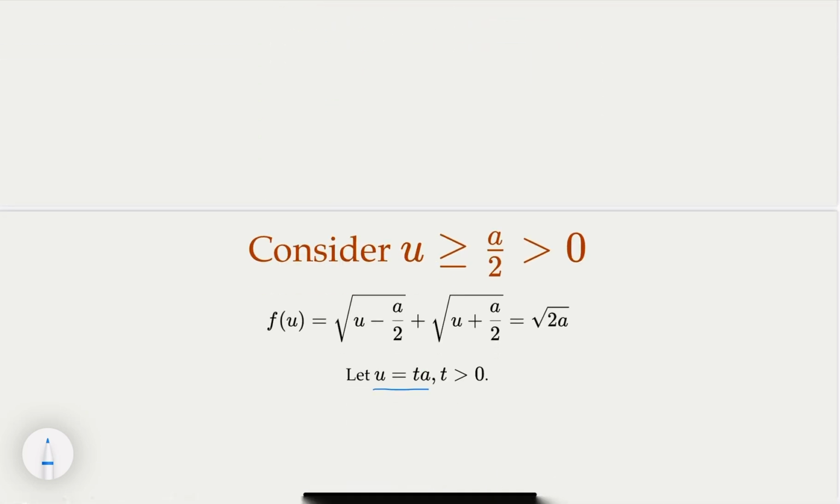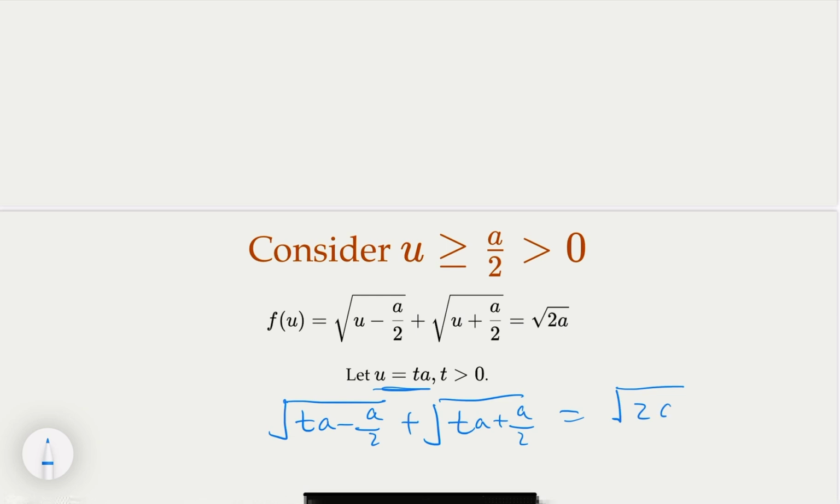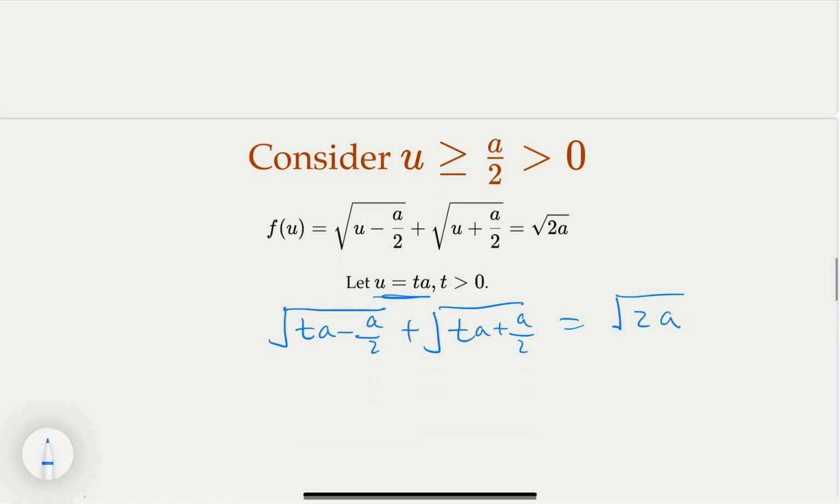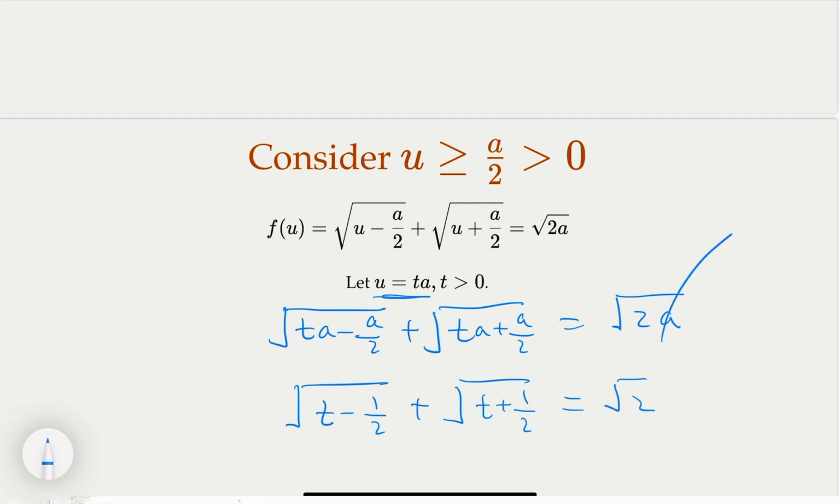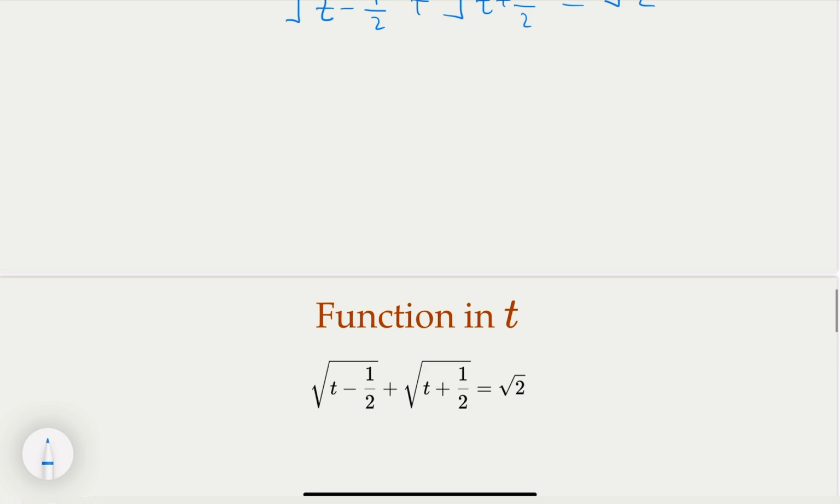If you plug in, what you get is ta minus a over 2 plus ta plus a over 2 equals square root of 2a. Now you can get rid of square root of a on both sides. What you get is square root of t minus 1/2 plus square root of t plus 1/2 equals square root of 2, because you try to cancel a everywhere. So in other words, we become a function in t.